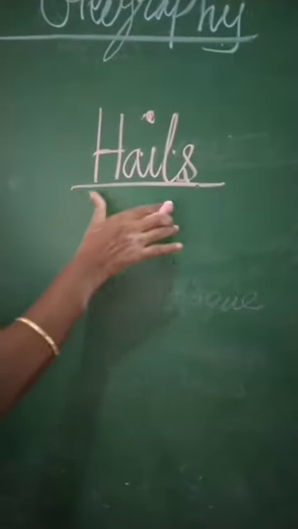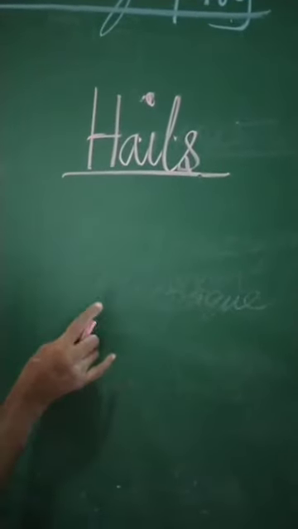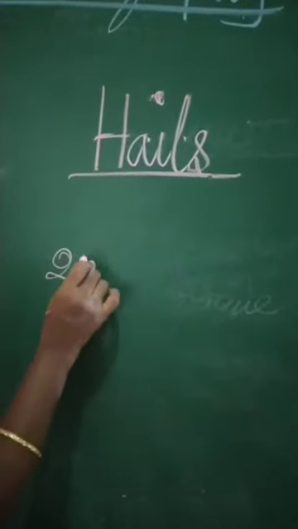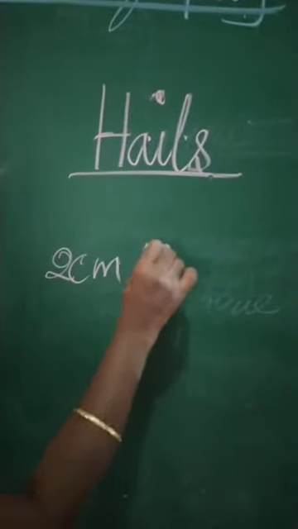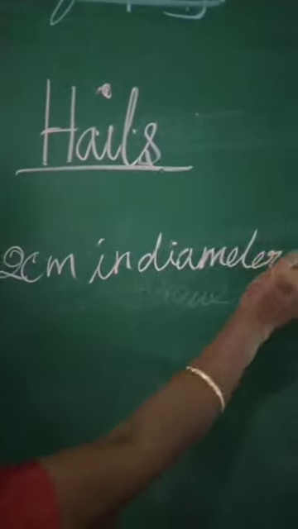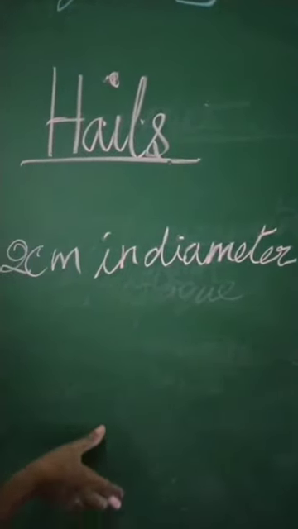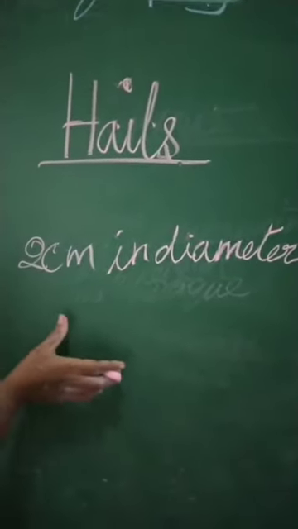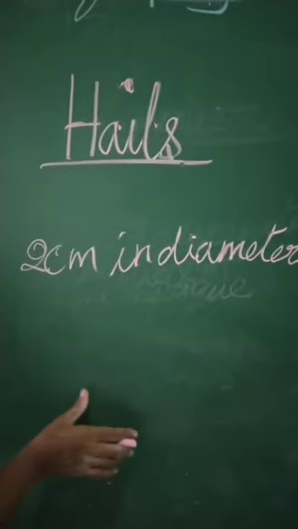Students, now hail. Hails are chunks of ice greater than 2 centimeters in diameter, falling from the sky during a rainstorm or thunderstorm.